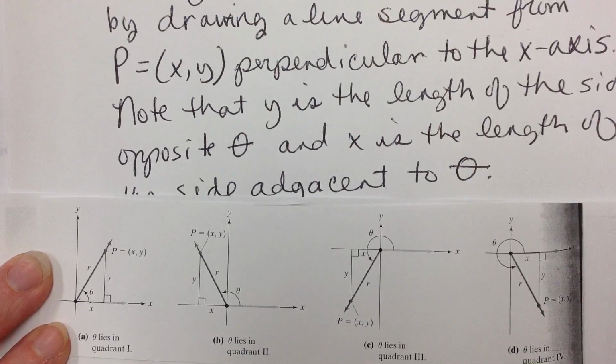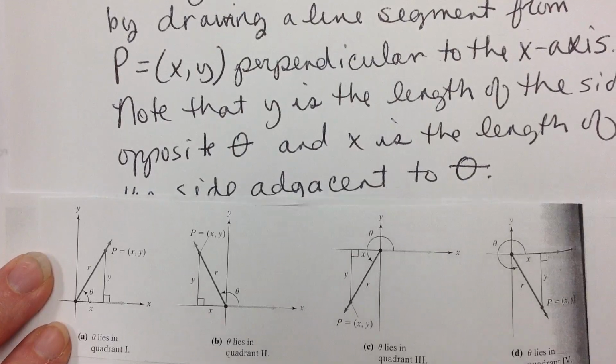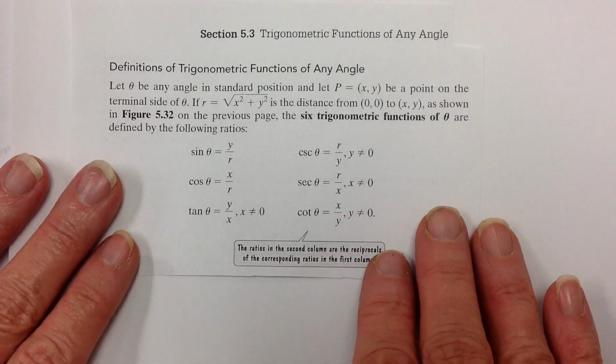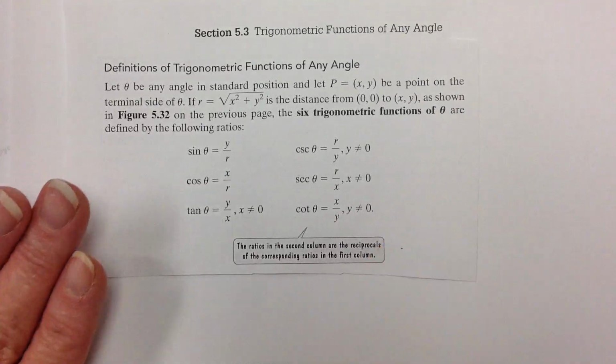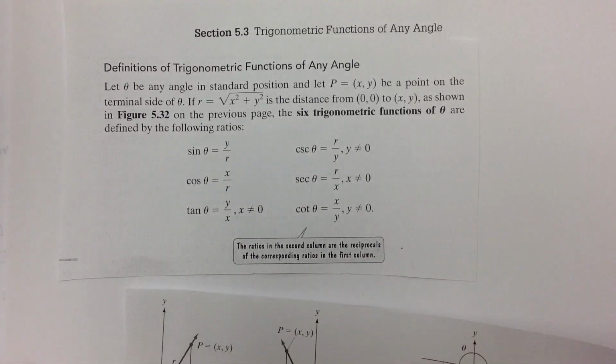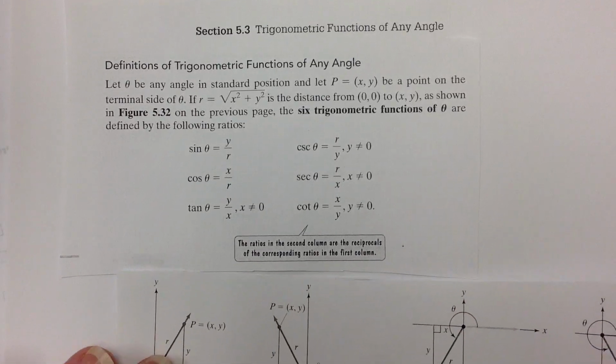Next, I want us to talk about the definition of trigonometric functions of angles. Let theta be an angle in standard position, and P(x, y) be a point on the terminal side of theta.